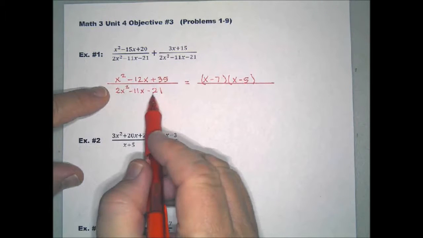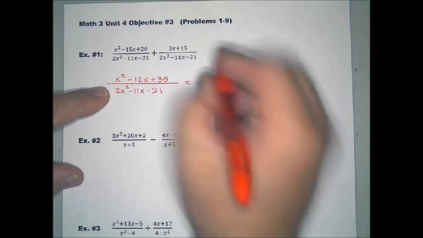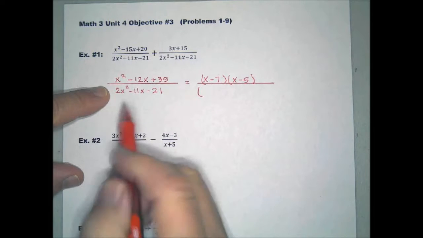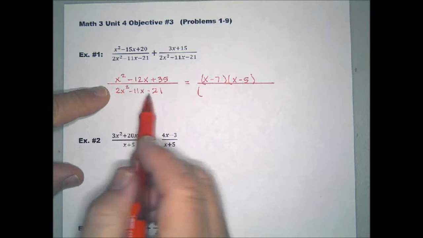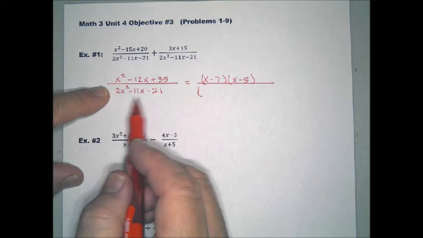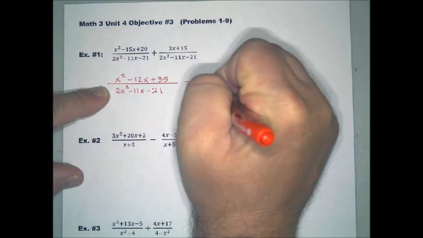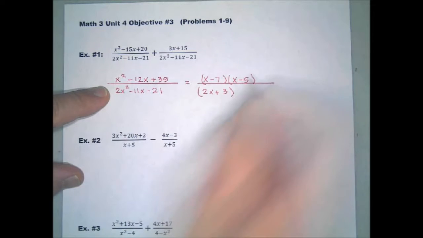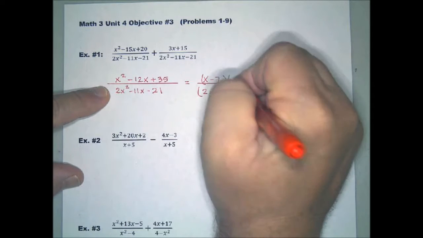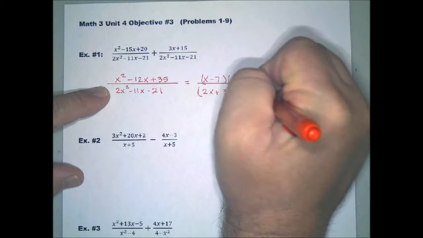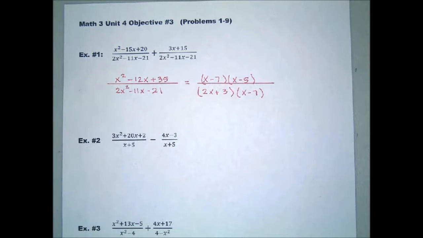Now, this is factorable, and if you do it as a guess and check, you might have to play around with a couple of different combinations, but what you're going to end up with is 2x plus 3 as one of the factors, and x minus 7 as the other factor.